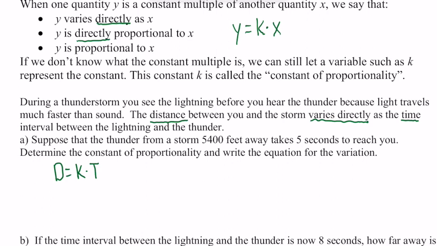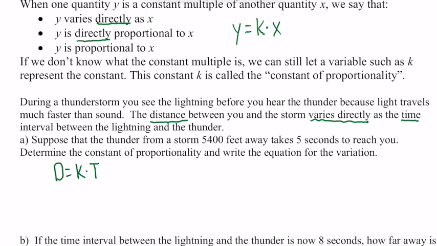Now let's read part A and see what we can do with it. It says, suppose that the thunder from a storm 5,400 feet away takes 5 seconds to reach you. Determine the constant of proportionality and write the equation for the variation. Well, here we're given 5,400 feet takes 5 seconds.